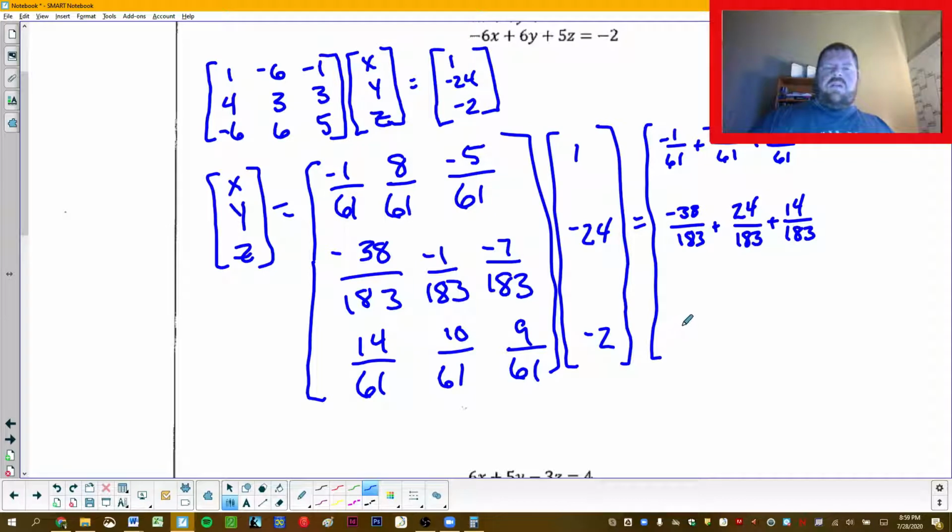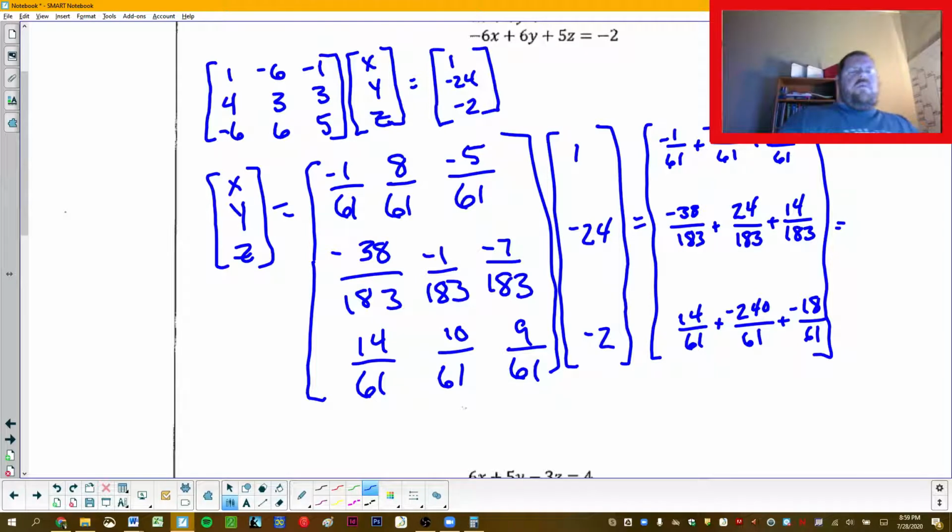Last but not least, we have 14 over 61 plus negative 240 over 61 plus negative 18 over 61. I guess we're paying for that something cool to happen with the top and bottom rows.